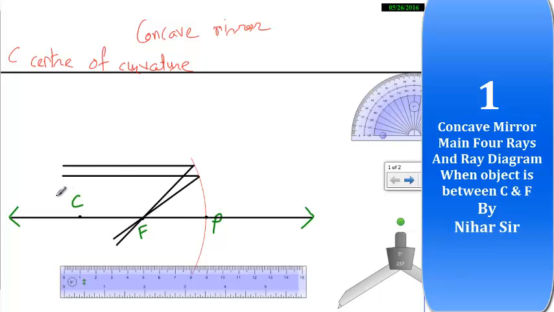So now you know center of curvature, pole, and principal focus. Now another terminology that I want to explain is radius of curvature. What is radius of curvature?